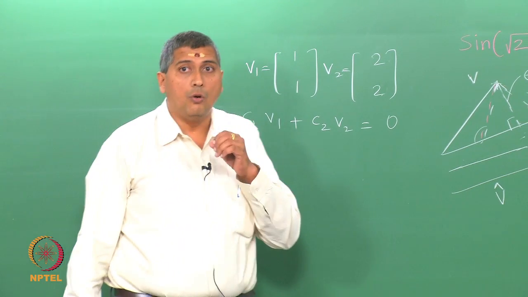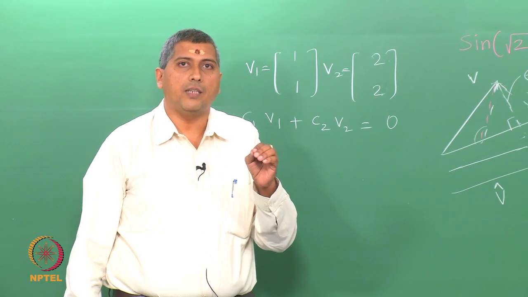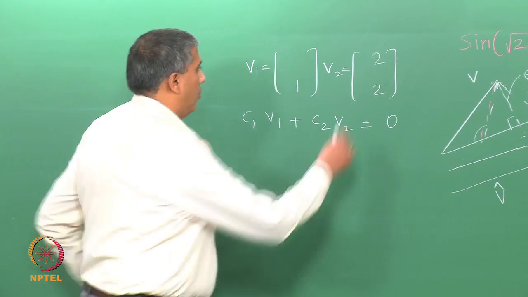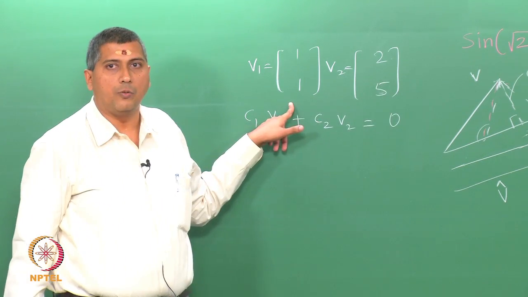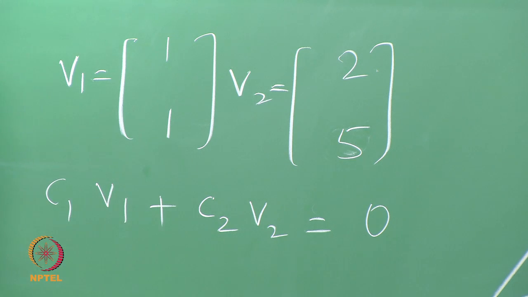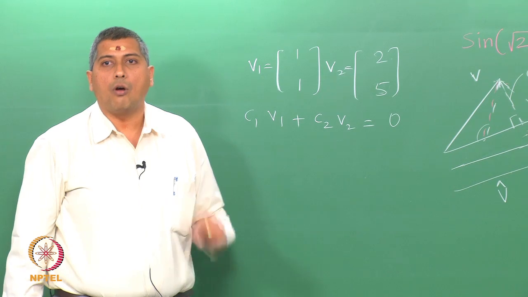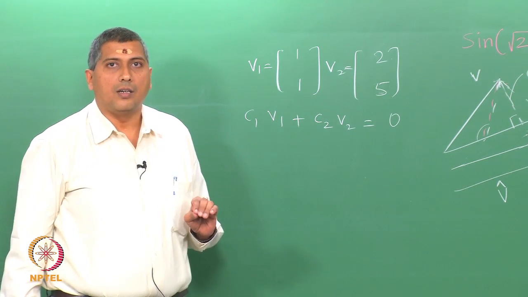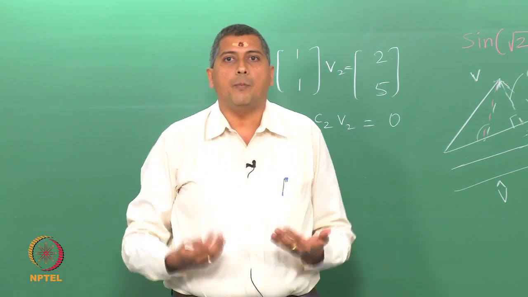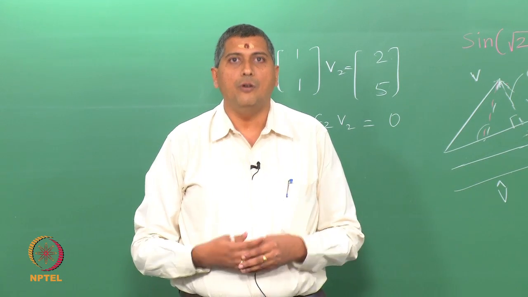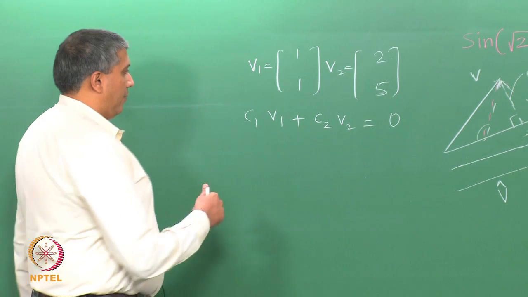Now, a quick note on the connection between linear independence and orthogonality. Earlier we had this vector and we realized that these two vectors are linearly independent, but that does not mean that they are orthogonal. Very often it is confused. What is the way to check orthogonality? I compute the dot product, and if it turns out to be 0, then I say that they are orthogonal.